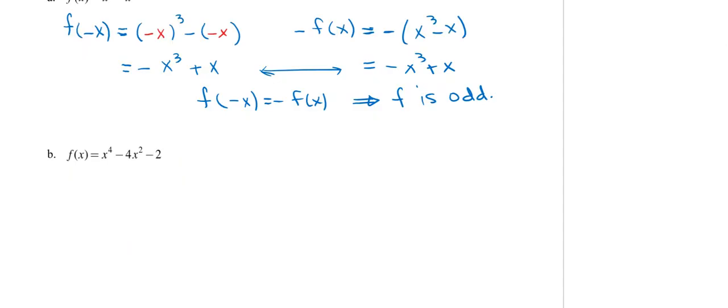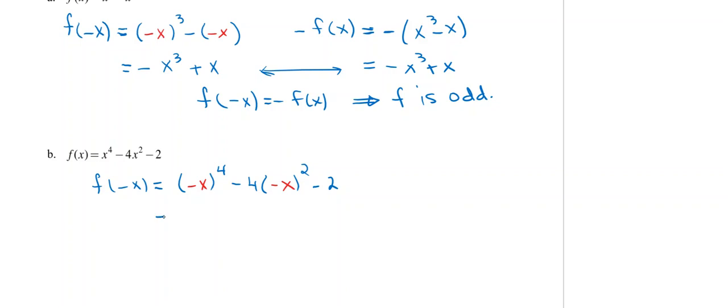How about this function? Remember, in order to decide whether a function is odd or even, given its equation, you have to find f of negative x first. That means replace all the x's in your function with negative x and see what you get.